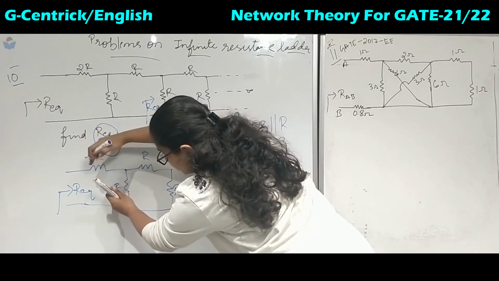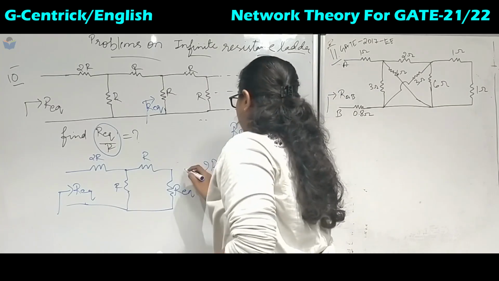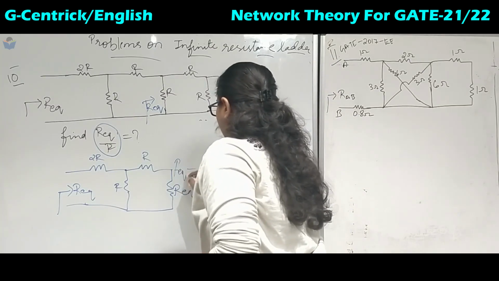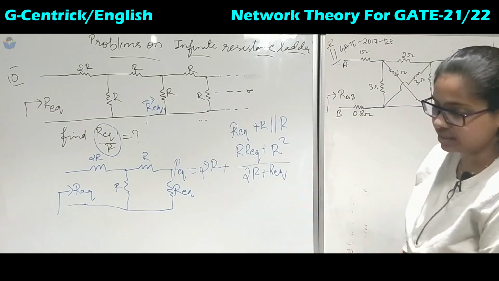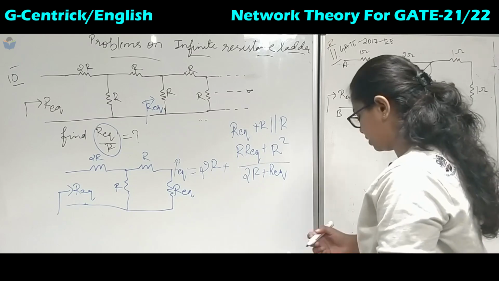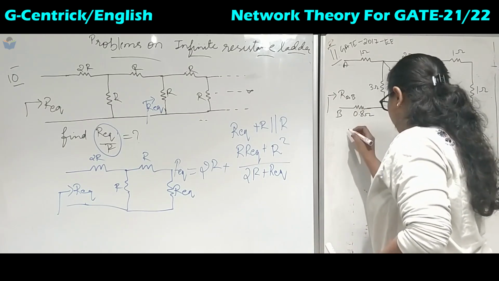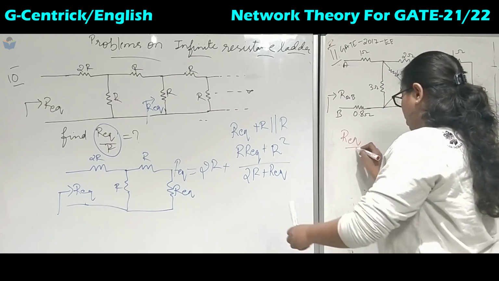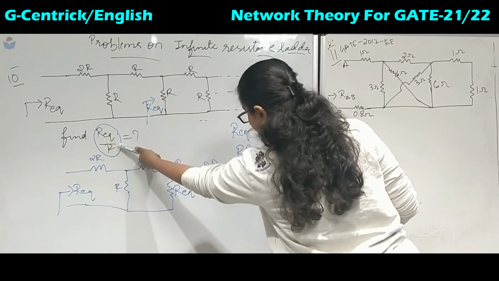Now this is again in series with 2R. So it is nothing but 2R plus R equivalent. On solving this and rearranging the terms, I will write it down here. After that you have to take R common and divide it by R equivalent.